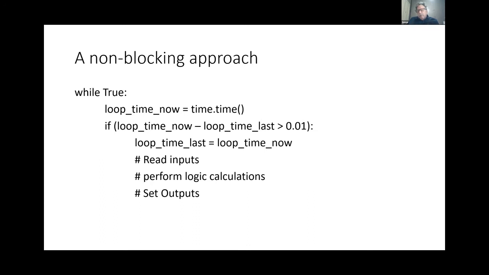If not, just keep going around that loop. So I execute this code once every 10 milliseconds, or once every 20 milliseconds, or once every 100 milliseconds, whatever I set that timer to. I set this number here. And 10 milliseconds is something I use quite a lot.